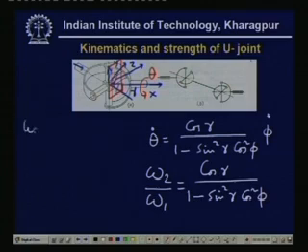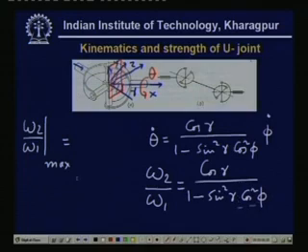Now, omega 2 will have its maximum value when this denominator is minimum, that is, this part is maximum, and that can occur when cosine phi is 0, so the maximum value of it will be sine square phi, right.